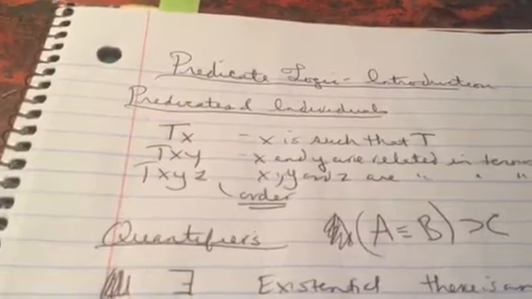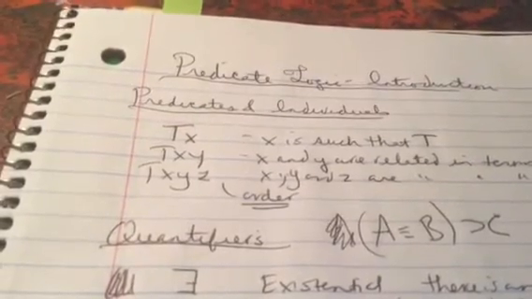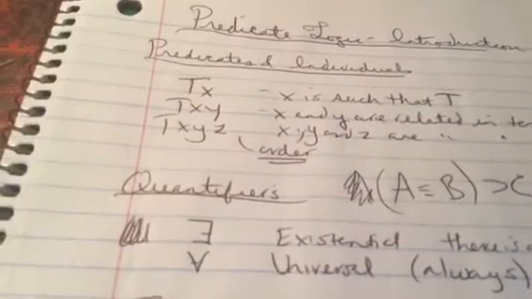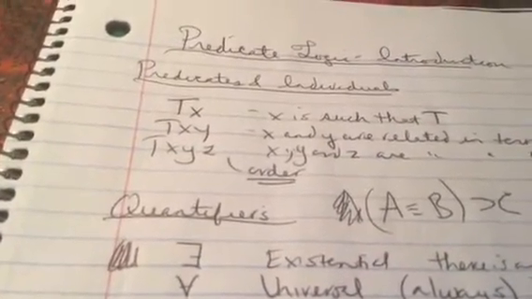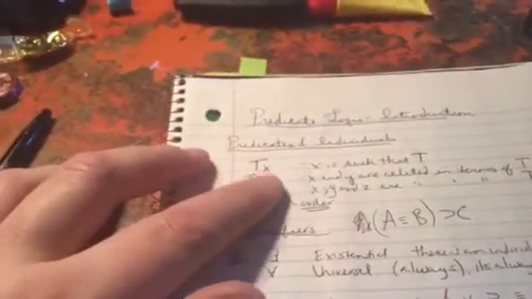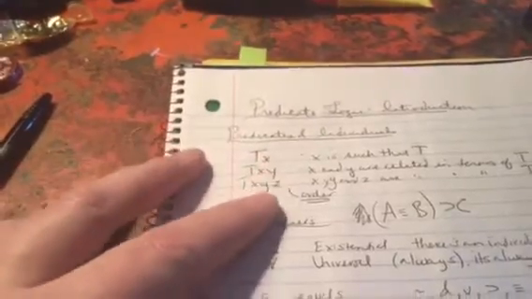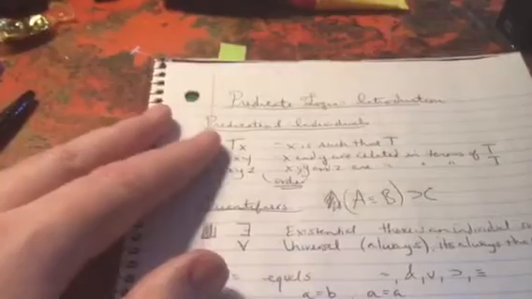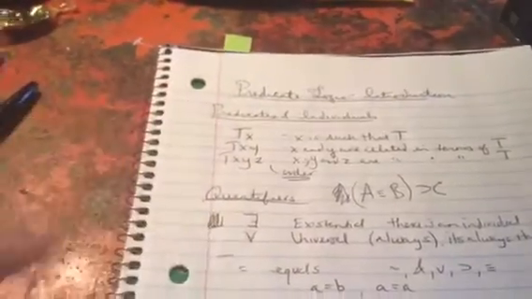I'm an X, and I happen to like tofu. So you could say X is a tofu lover. You could say that about this. That's kind of stupid, but that's very simple.